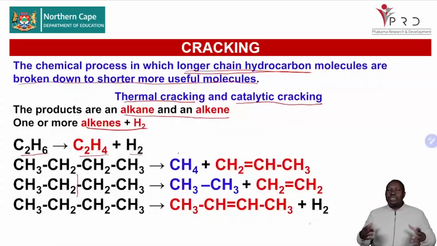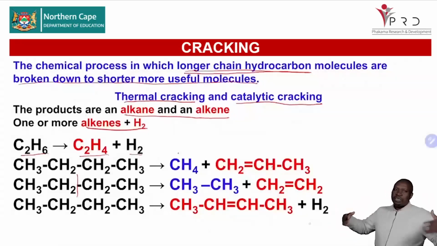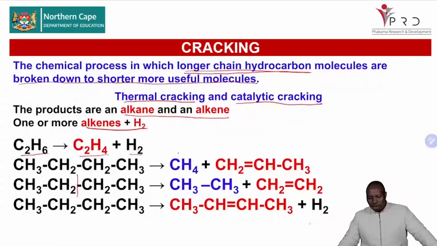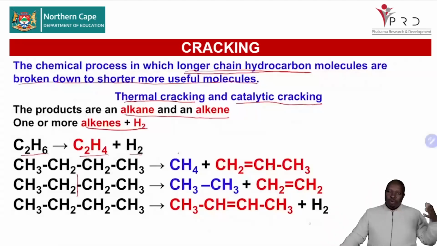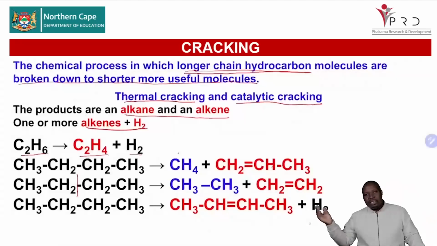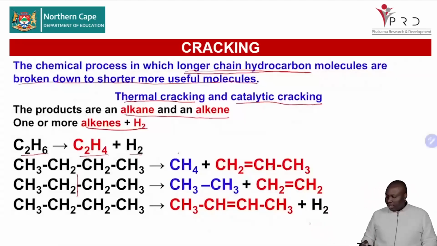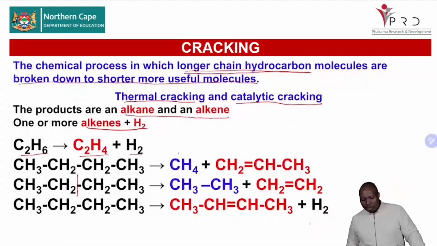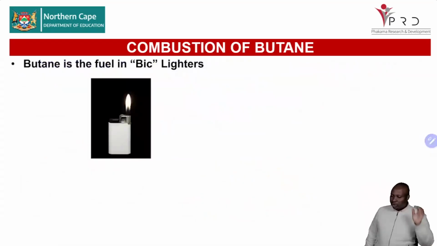So always know that as long as it's cracking, you can crack the structure. It can be 1 carbon, 2 carbons, 3 carbons, depending on what you are doing. But at the end of the day, what is on the left is the same as what is on the product side when you check the number of carbons and hydrogens. So remember that as always.